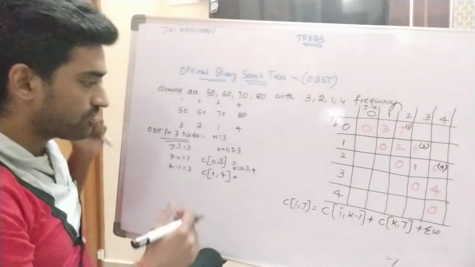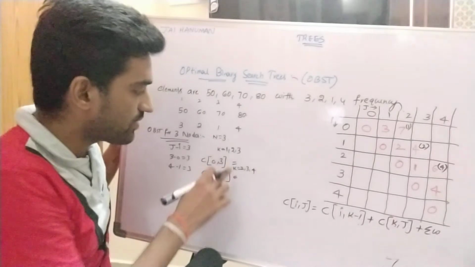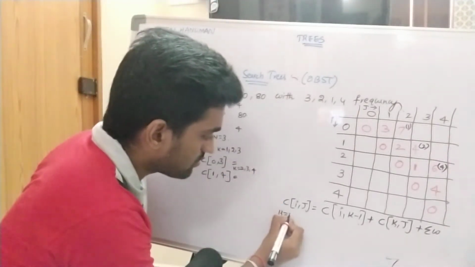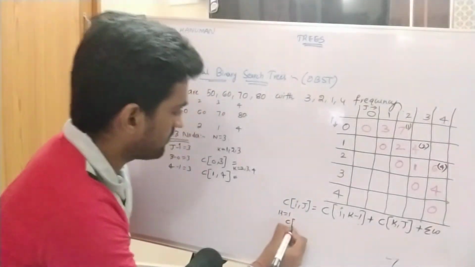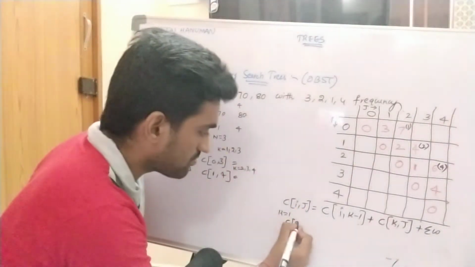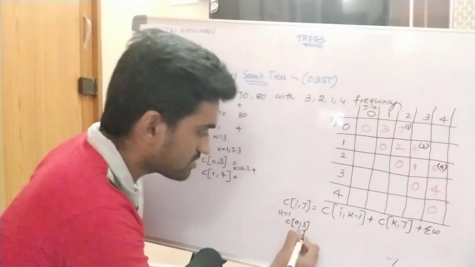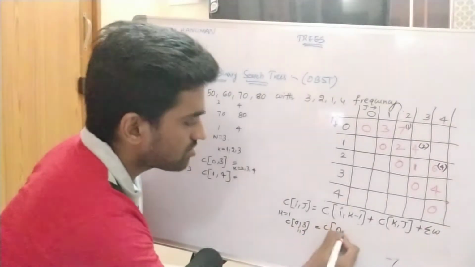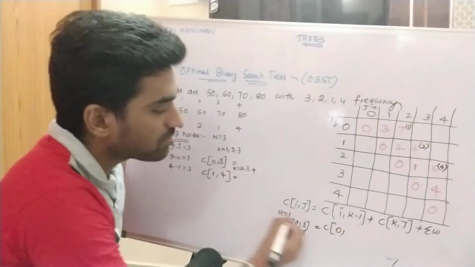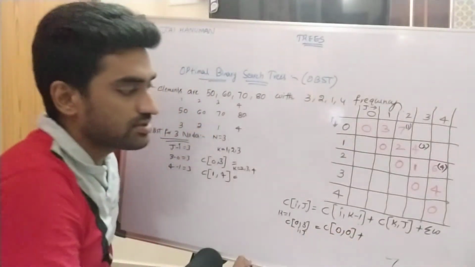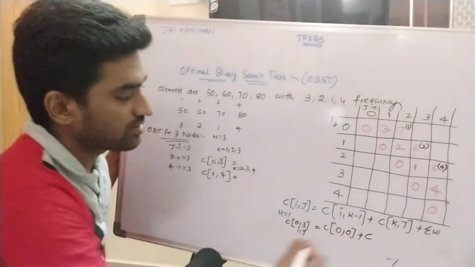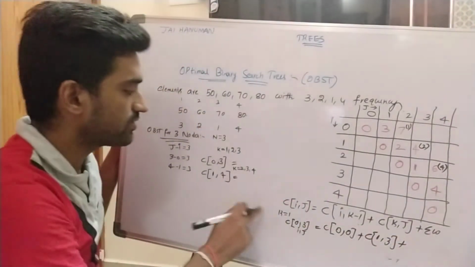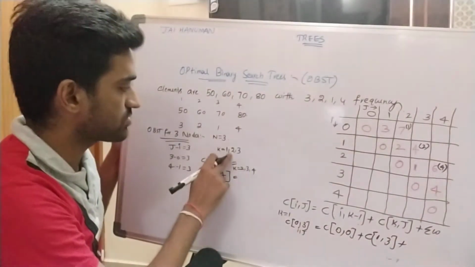So here I am finding the cost of 0 comma 3 when k is equal to 1. C of 0 comma 3, this is i, this is j. Then c of i, 0 comma k minus 1, 1 minus 1 is 0, plus c of kj, 1 comma 3, plus the sum of the frequencies of intermediate nodes 1, 2, 3.